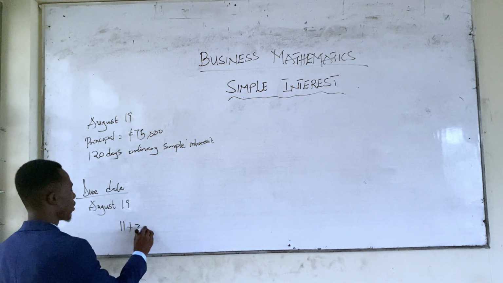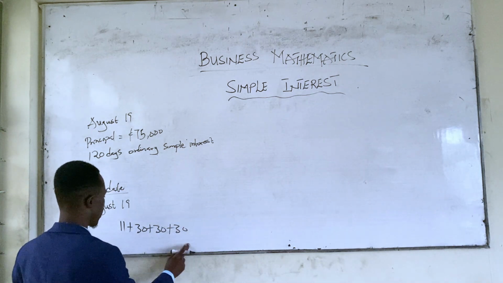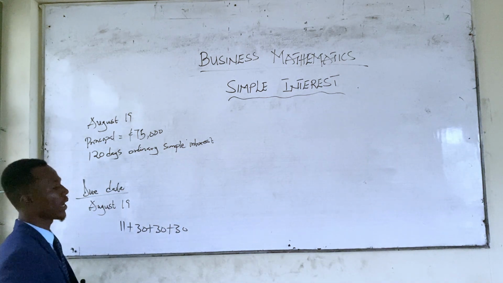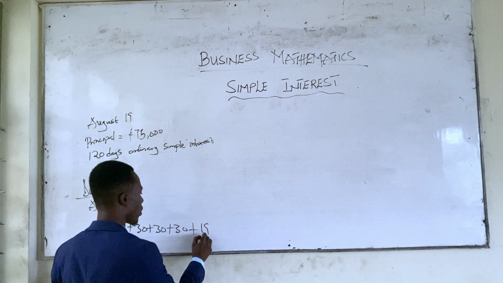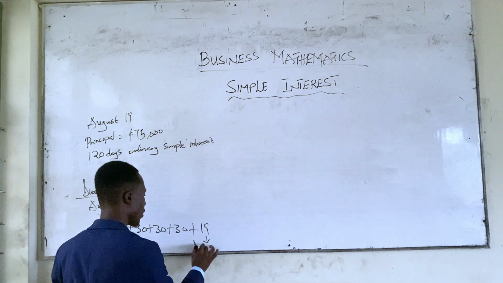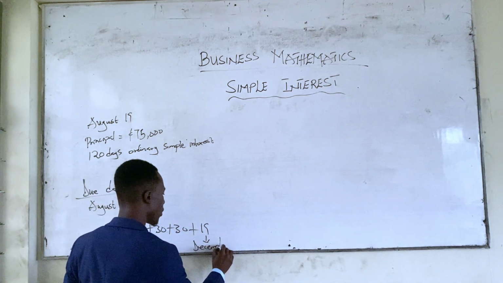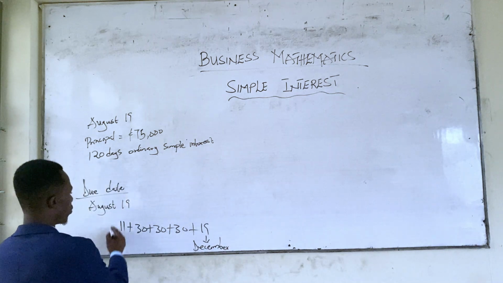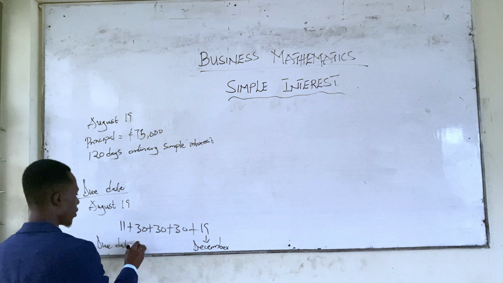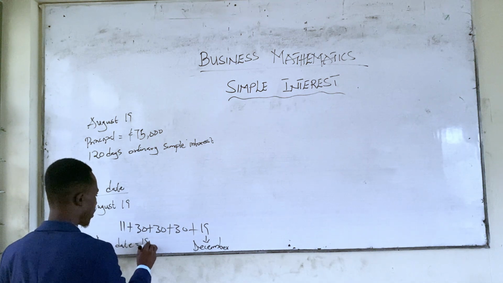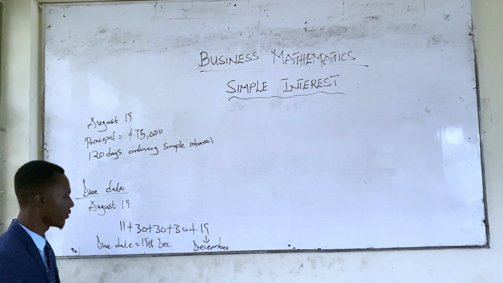September will be 30, October will be 30, November will be 30. So we have 90, 101. We are left with 19. So the 19 will come to December. So the due date for this will be 19th December.